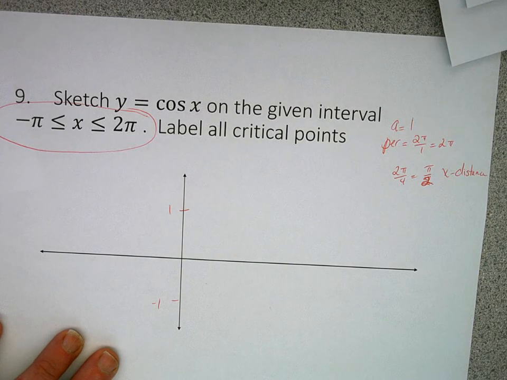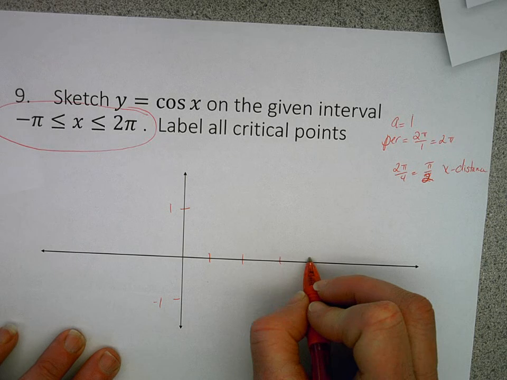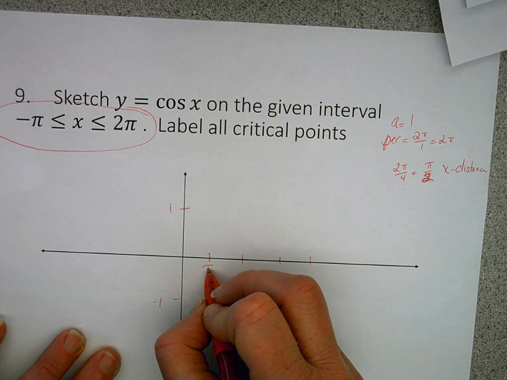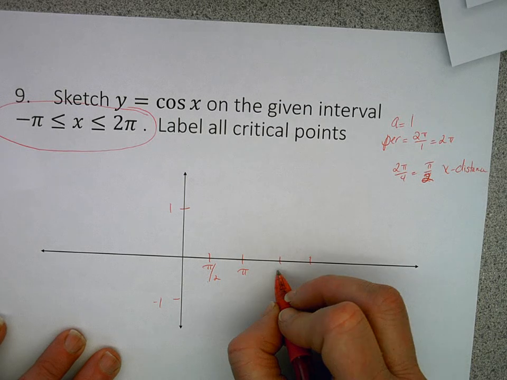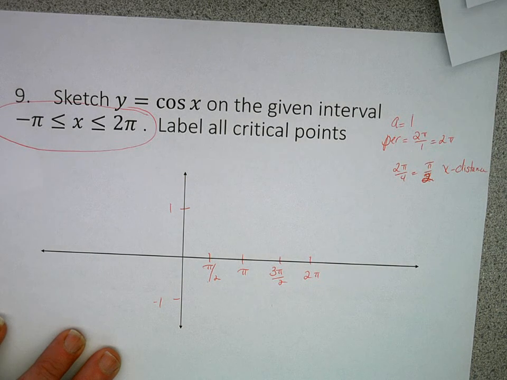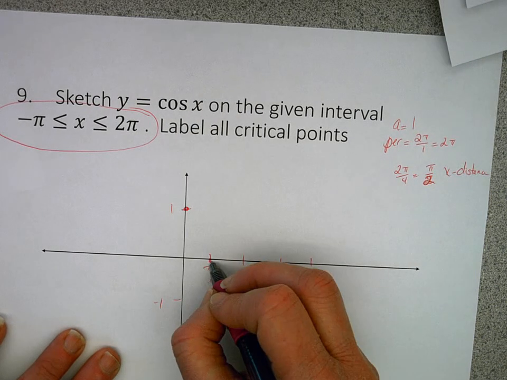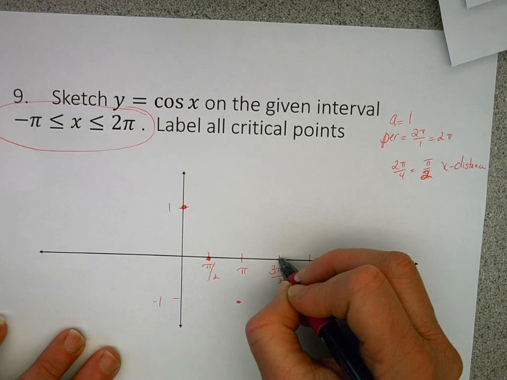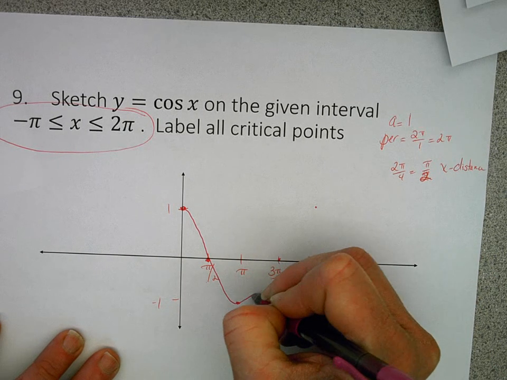Okay, so I'm going to go 1, 2, 3, 4. This is pi over 2. This would be 2 pi over 2, which is pi. This would be 3 pi over 2, and this would be 2 pi. And I'm just going to graph this cosine graph. I can list the 5 key points for you guys, but I figure since it's a normal cosine graph, we could pretty much do it normally.